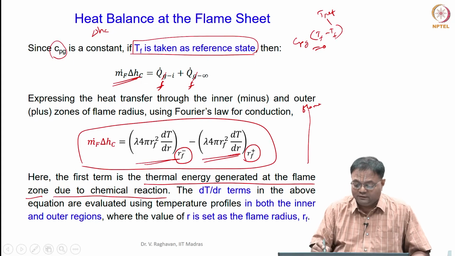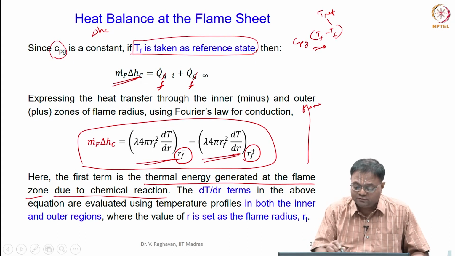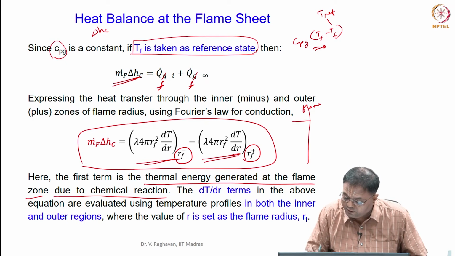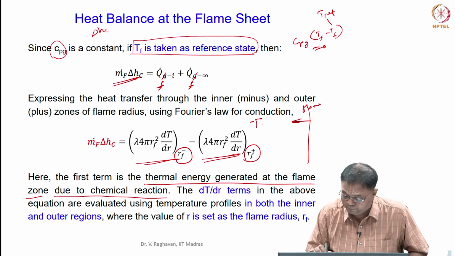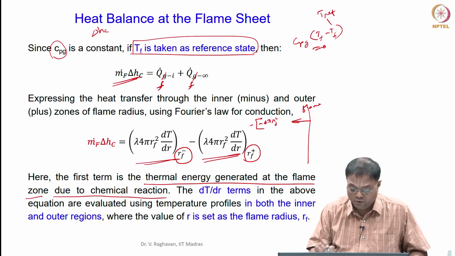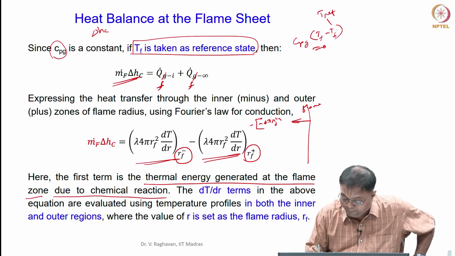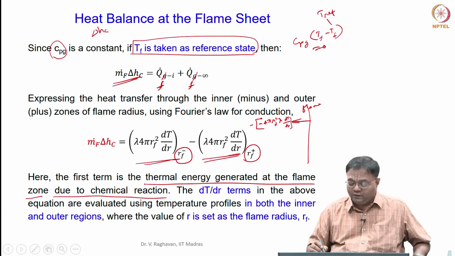So you can see that this conduction, when I write this G2I, will be negative of minus 4 pi Rf square lambda into dT by dr. So that is going out like this to the inner zone.